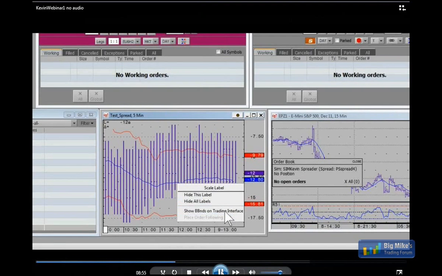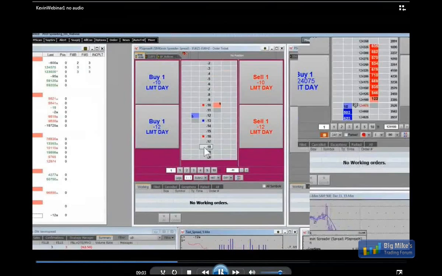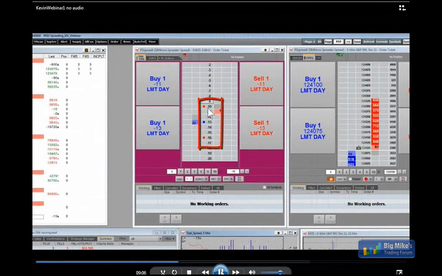Next thing I'm doing here is taking these levels and choosing to show those values, the lower level, the mid, and the upper level of this Bollinger Band study, on the trading interface.